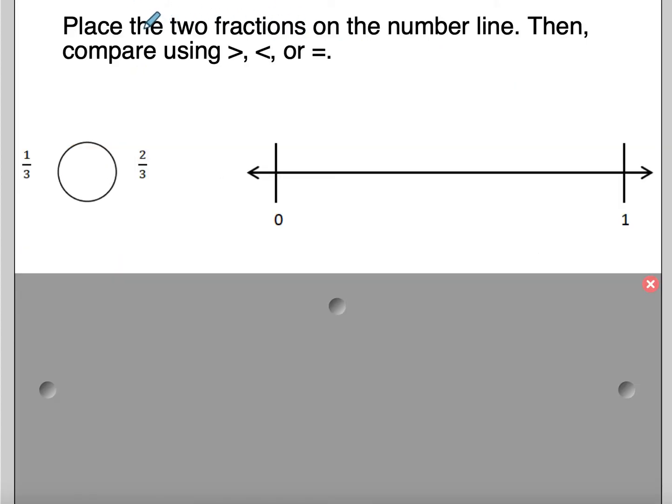So we want to place the two fractions on the number line, then compare using the less than, greater than, or equal to symbols. So I have my number line from 0 to 1. This is a whole. I want to place 1/3 and 2/3. Since they have the same denominator, I'm just going to split it into thirds.